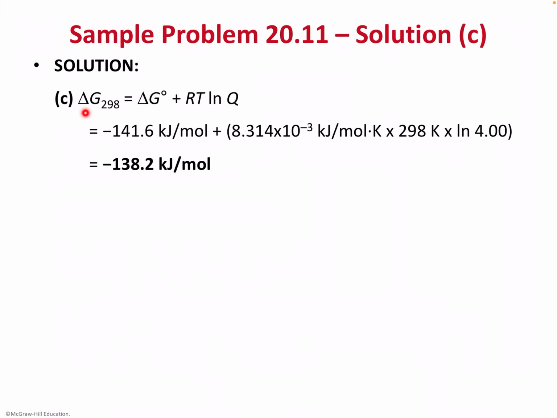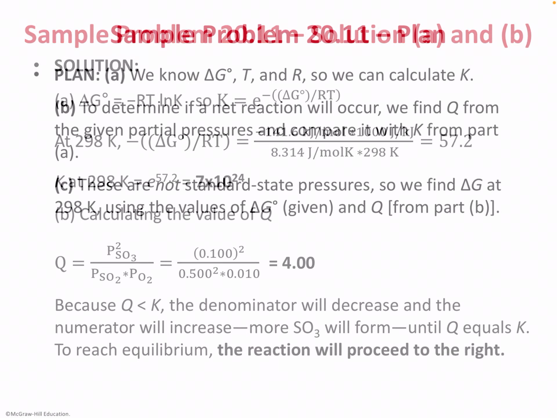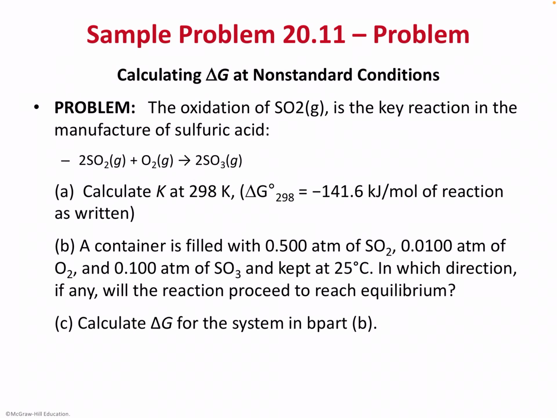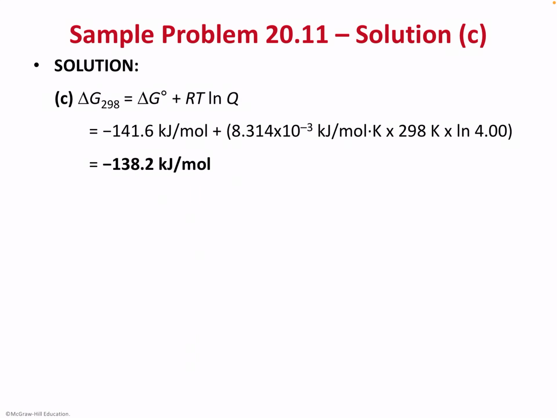Delta G at 298 equals delta G naught, the standard Gibbs free energy change, plus RT ln Q. Delta G naught was given to us, negative 141.6 kilojoules, plus R the gas constant, the temperature, and ln Q. Q was 4, which we found.